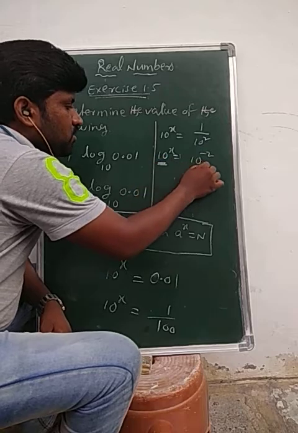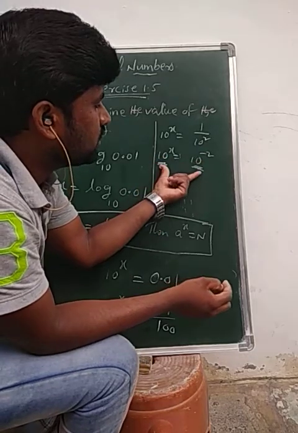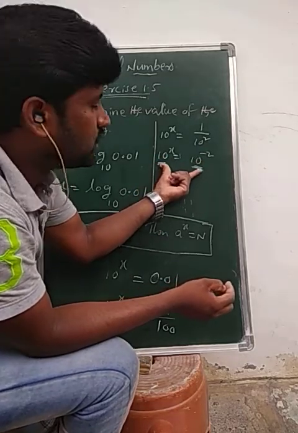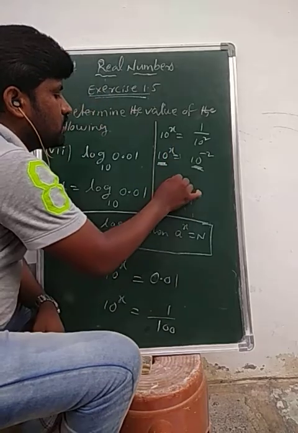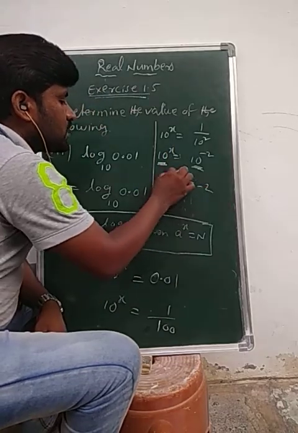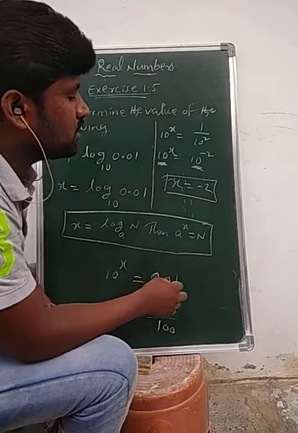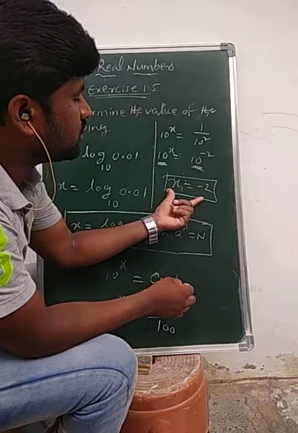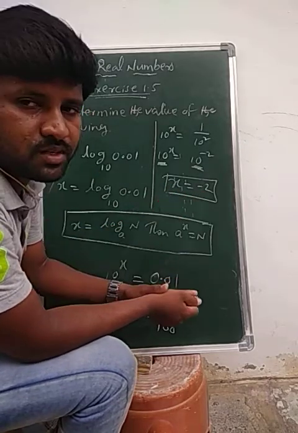Clearly the bases are equal, both are 10. Then equating the powers, that is the exponents, we get x is equal to minus 2. So this is the required value.